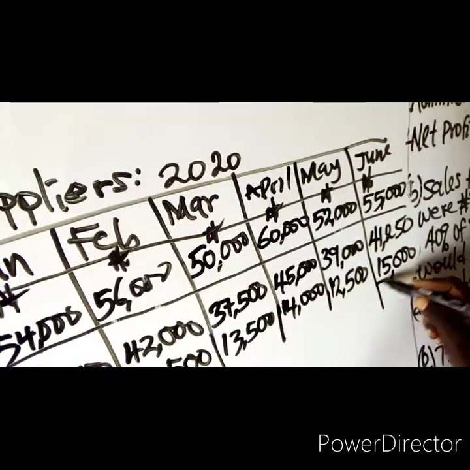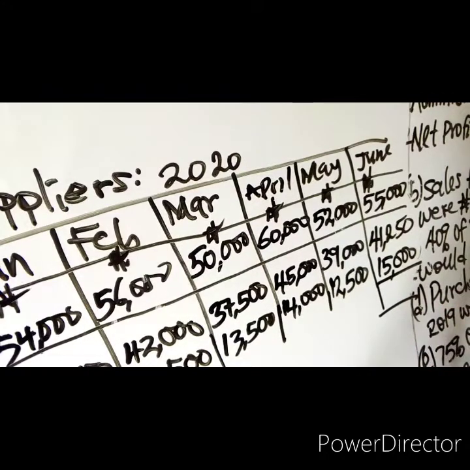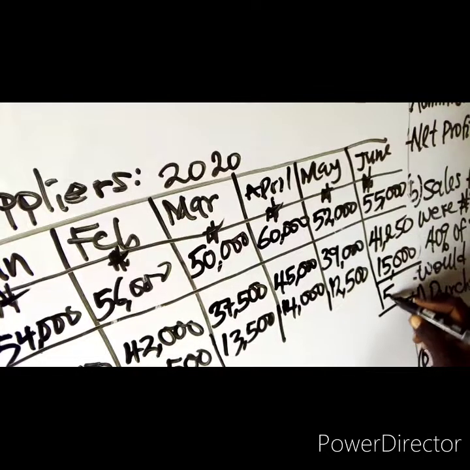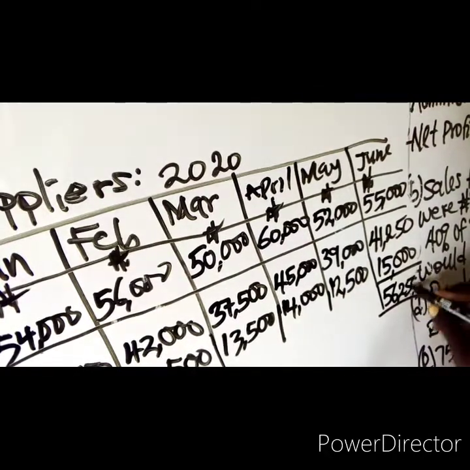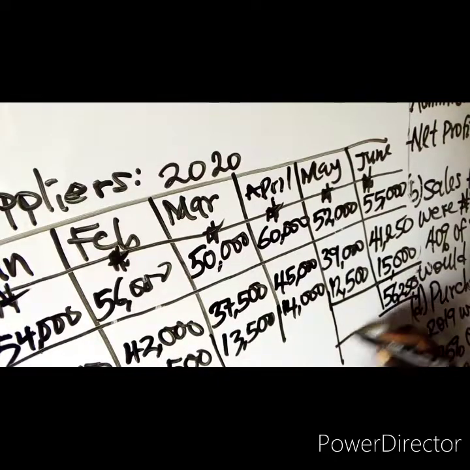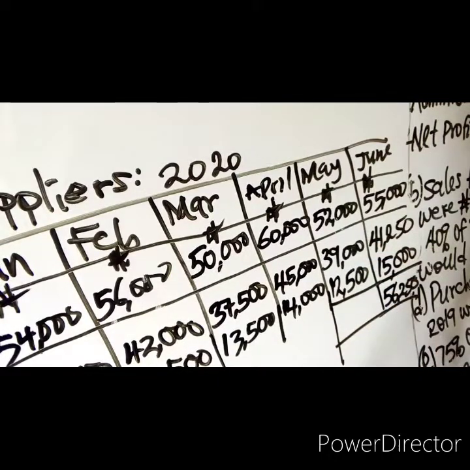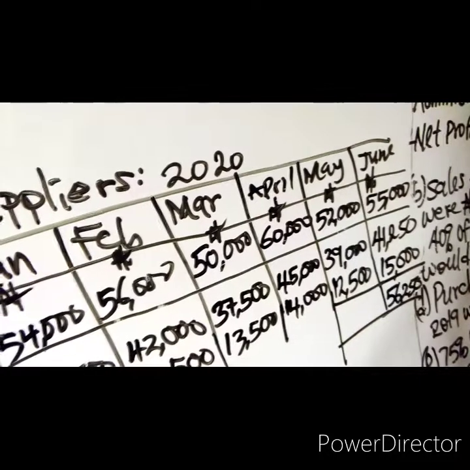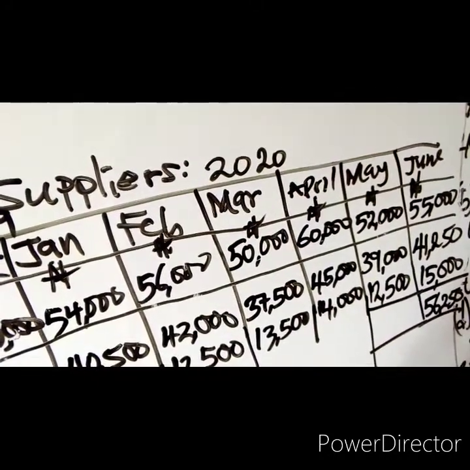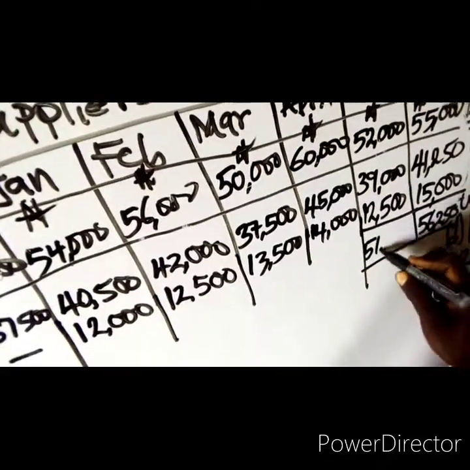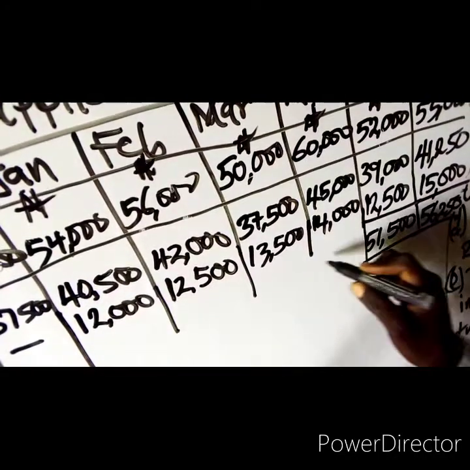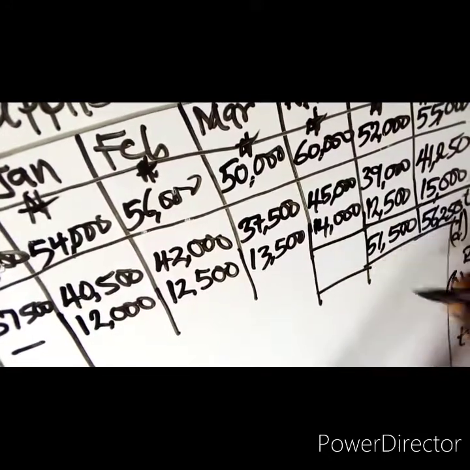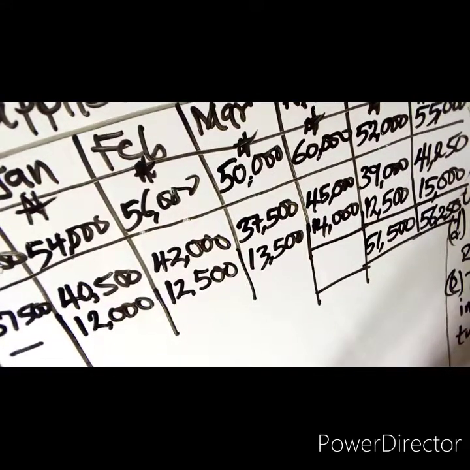So you sum it up. 15,000 plus 41,250, then we have 56,250. Then 39,000 plus 12,500, then we have 51,500. Then 45,000 plus 14,000, then we have 59,000.